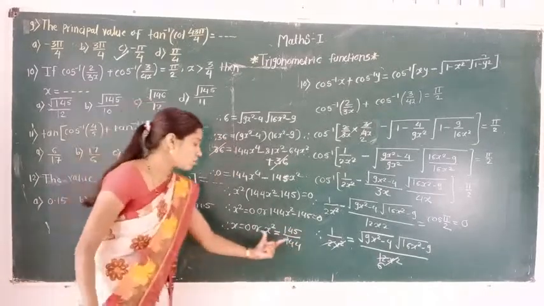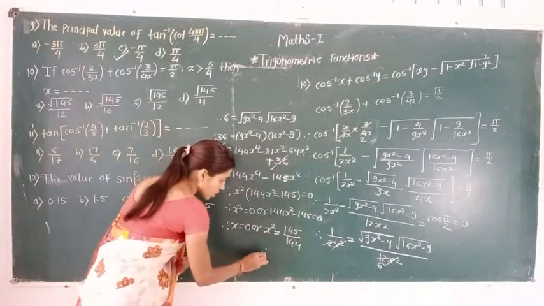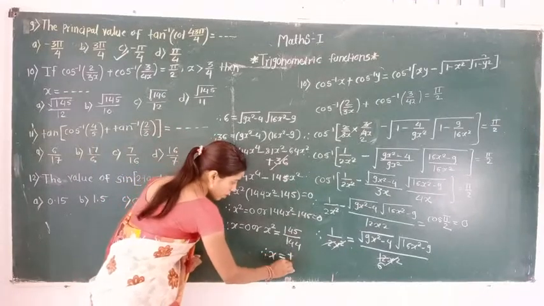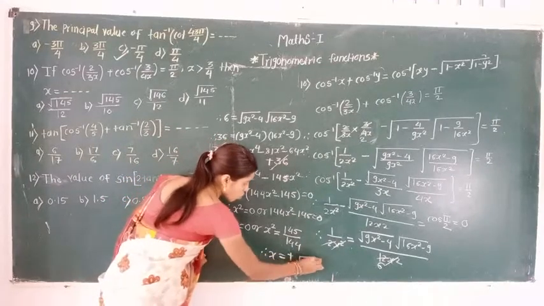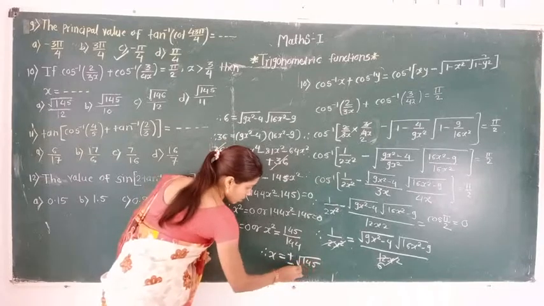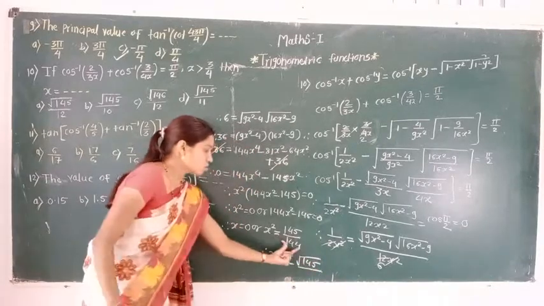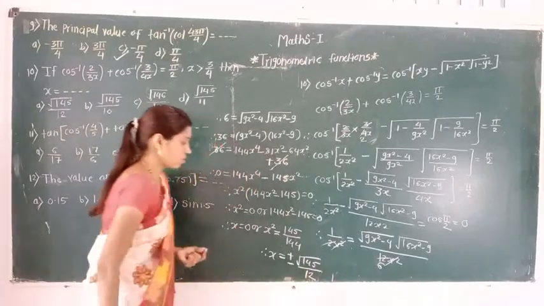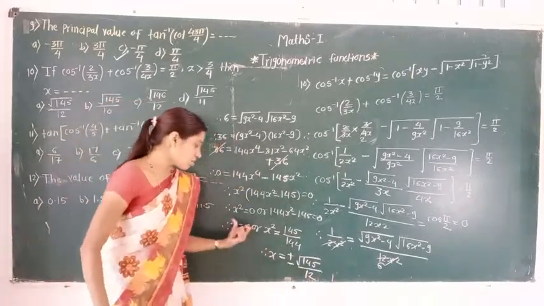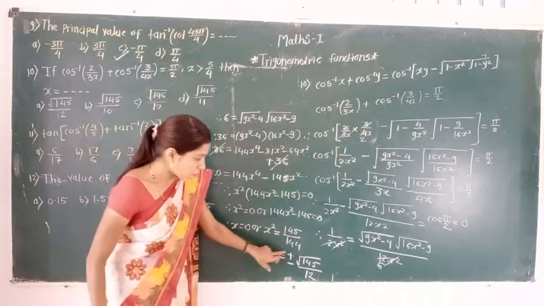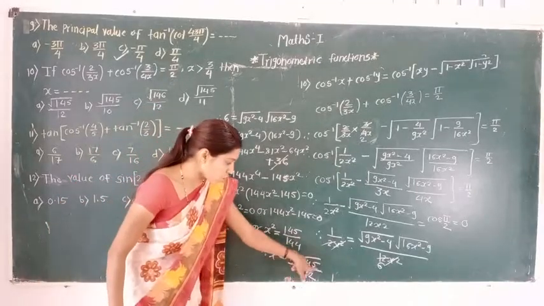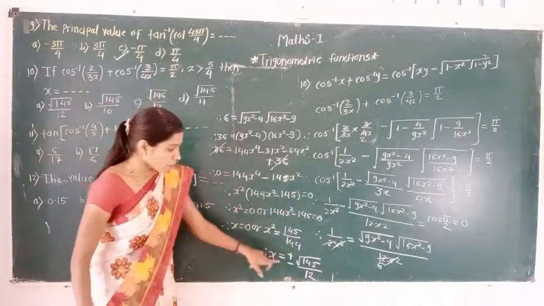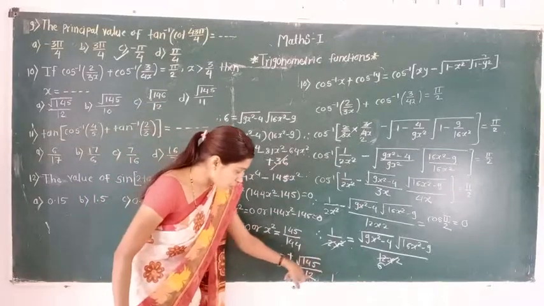So taking square root of both sides, we can write x is equal to plus minus root of value 145 divided by square root of 144, which is 12. So the value of x is 0, plus root 145 by 12 or minus root 145 by 12.